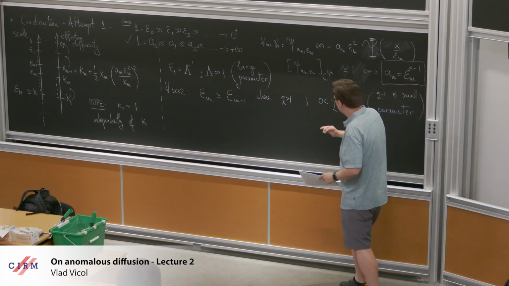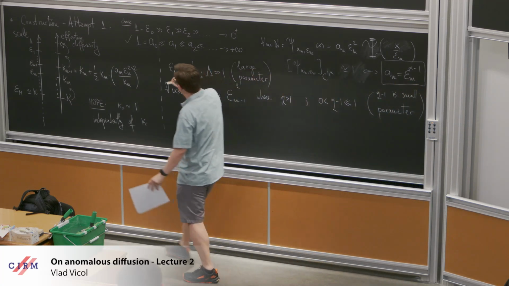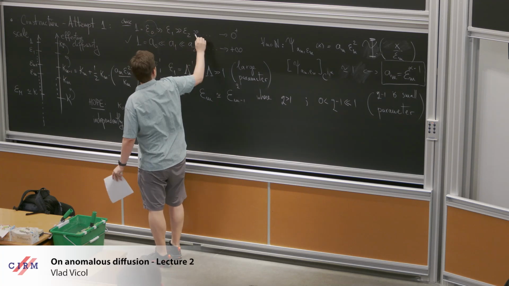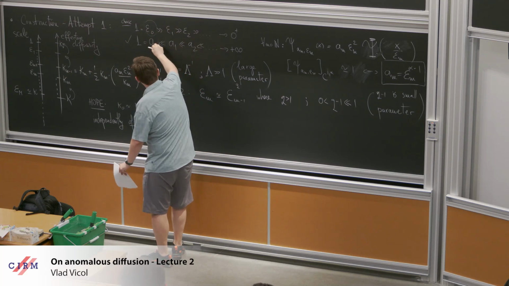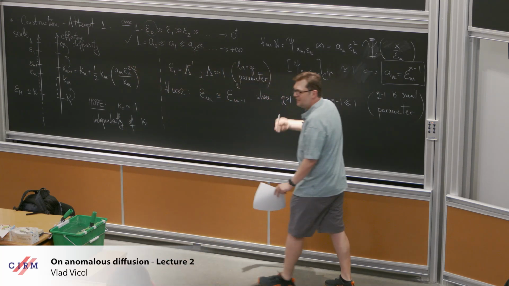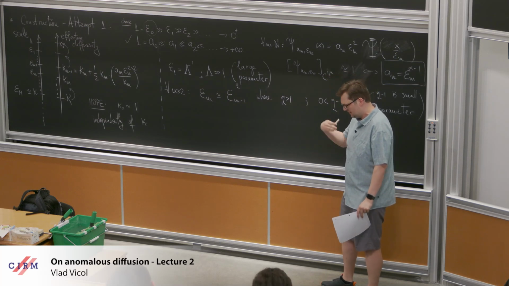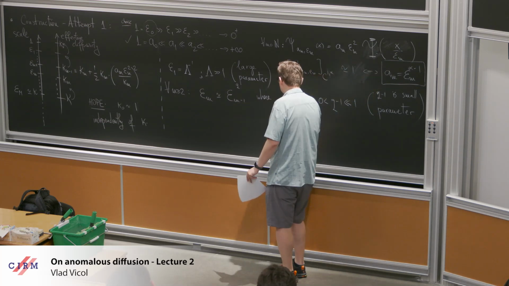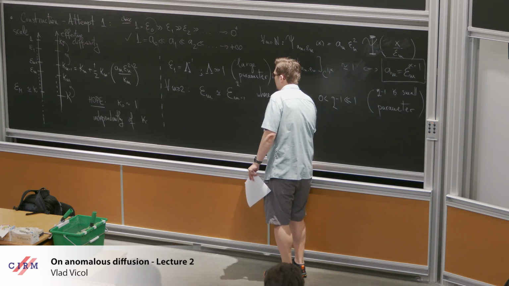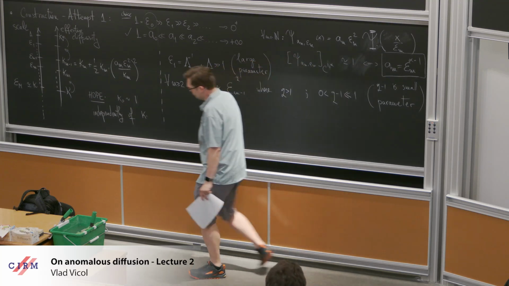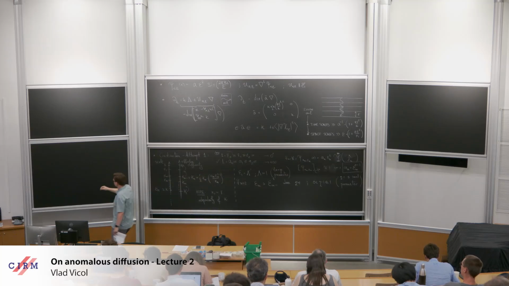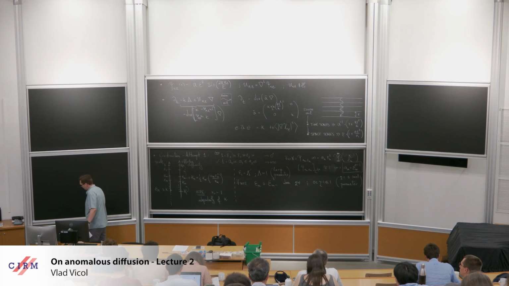Okay, so now the only thing I've done is I've defined these guys, and I've defined these guys. Let me now define the vector field, attempt 1 at least. So we're going to define the stream function recursively, okay?